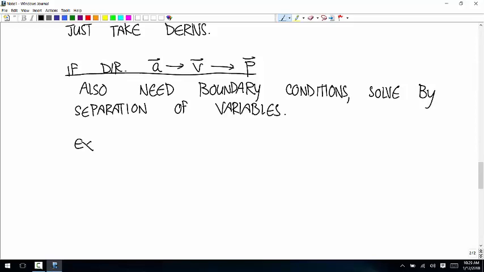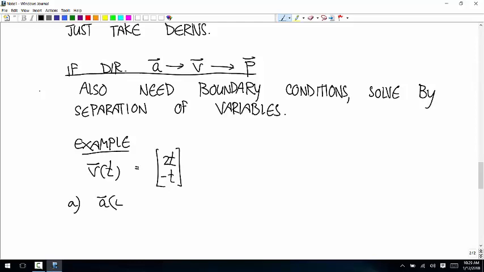So, for example, if you're given that the velocity as a function of time is (2t, -t), so this is a 2D problem, and you want to calculate the acceleration function and the position function.